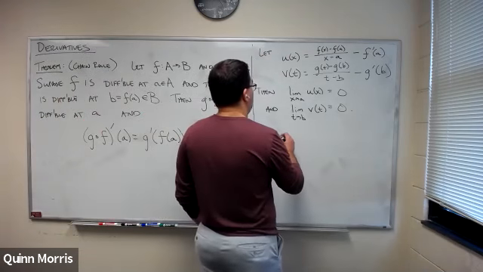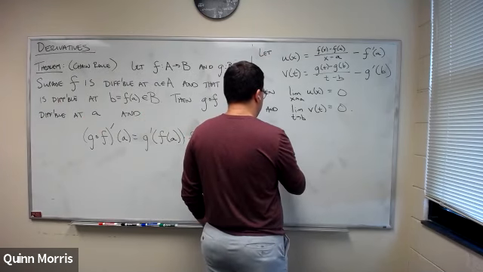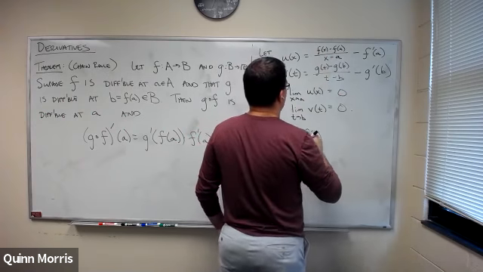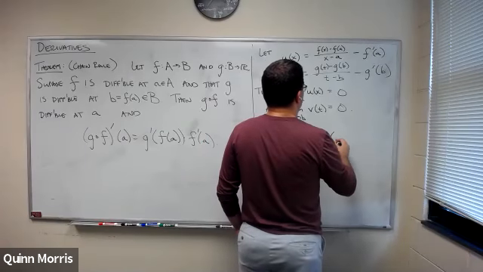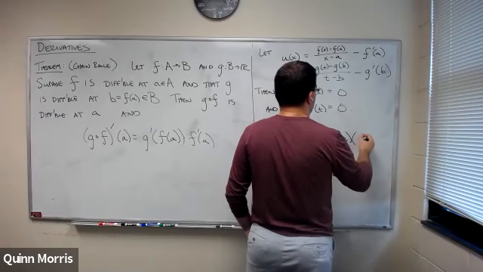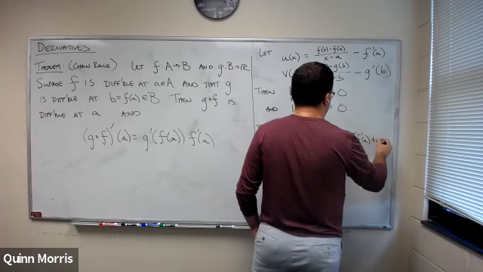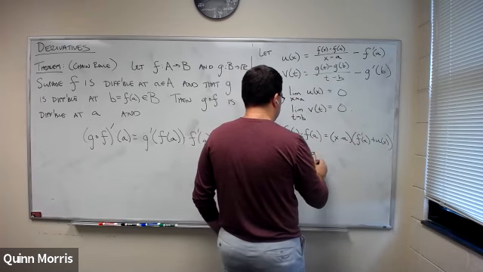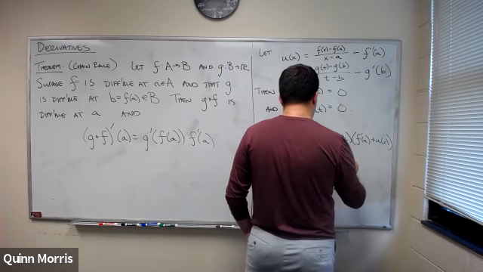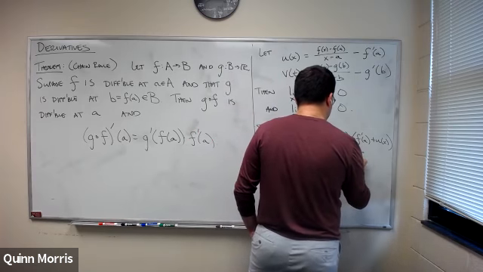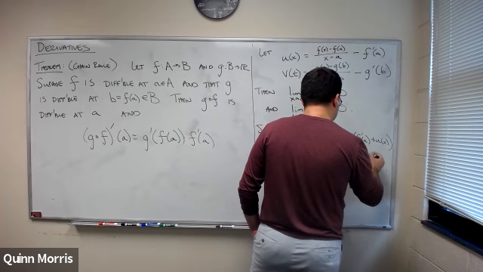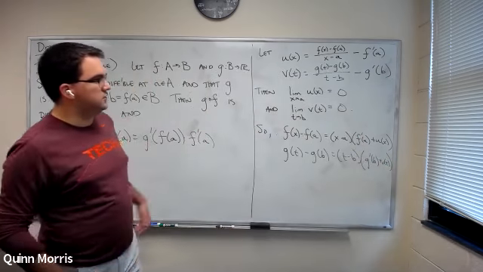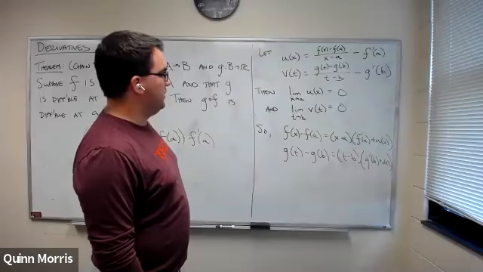So f of x minus f of a is going to be x minus a times f prime of a plus u of x, and then g of t minus g of b is going to be equal to t minus b times g prime of b plus v of t. That's just some algebraic manipulation.